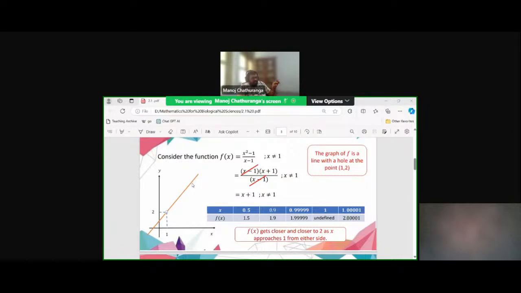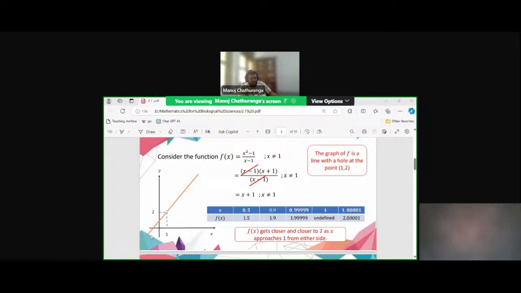and this line has two pieces, this upper part and the lower part. For x values bigger than 1, we need to consider this upper part, and as we reach x, we are sort of going down towards this point 1, 0.